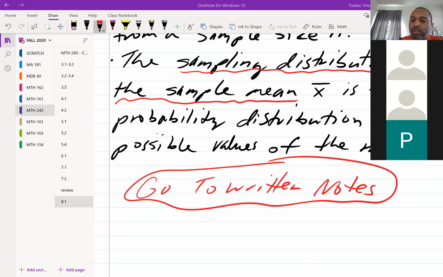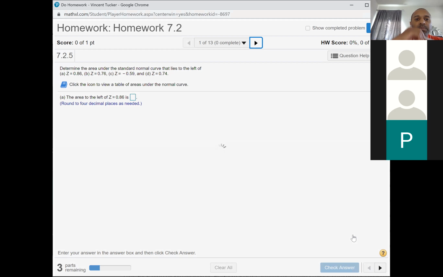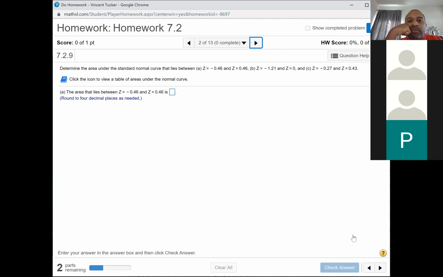All right, so preview. Is this one right here, sir? Determine the area under the normal curve. Yes, sir. That's the one getting me too. Okay, cool. We're all in the same spot.